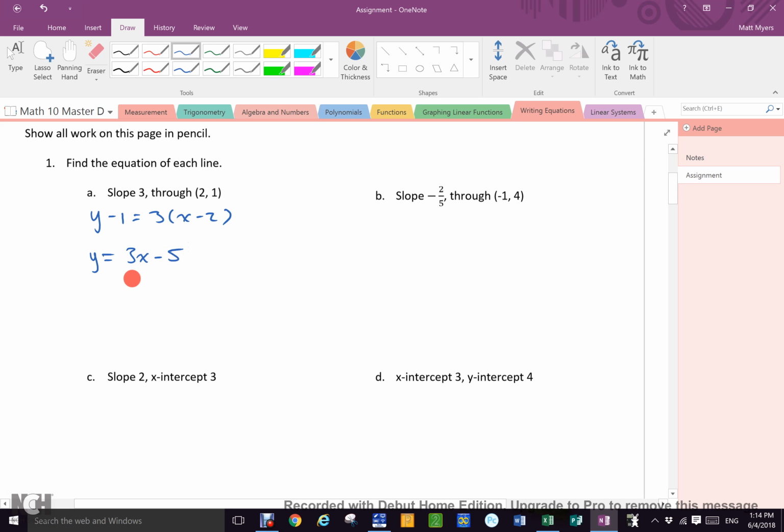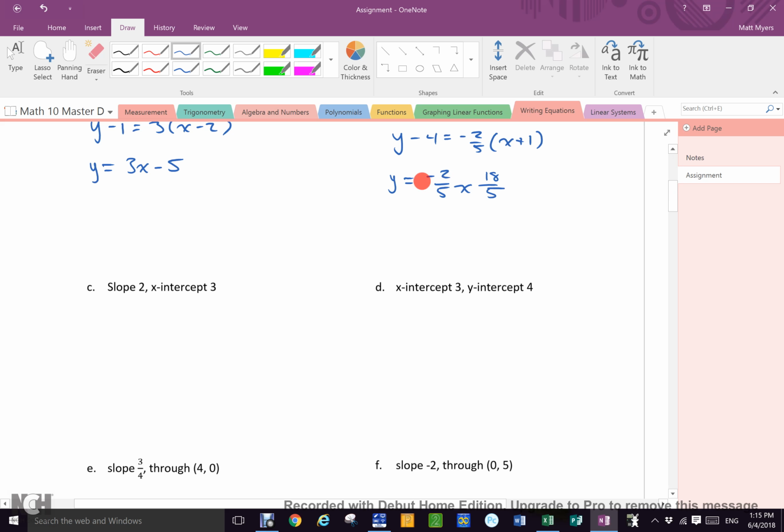This one, easiest answer is, of course, y minus 4 equals negative 2/5 x plus 1. But of course, some of you will have y equals negative 2/5 x minus 2/5 plus 20/5, which is plus 18/5.